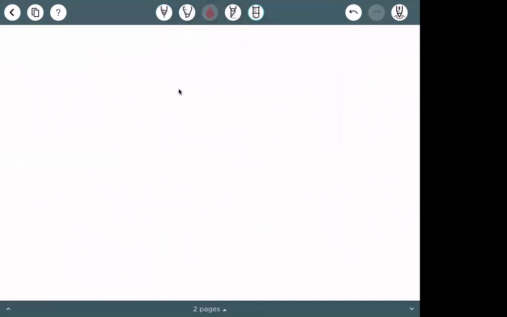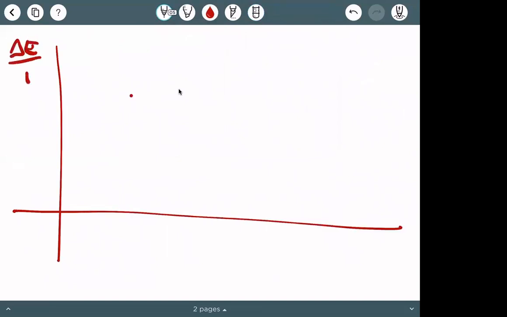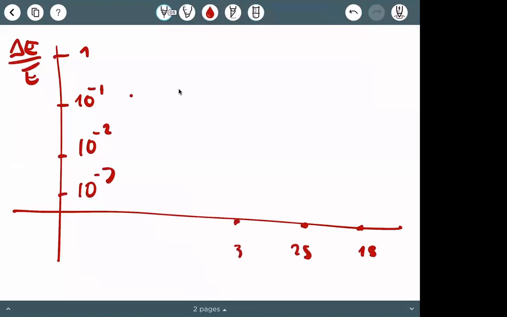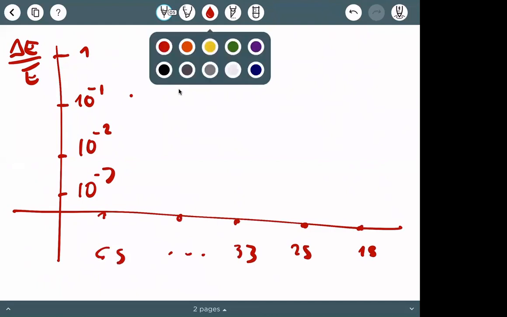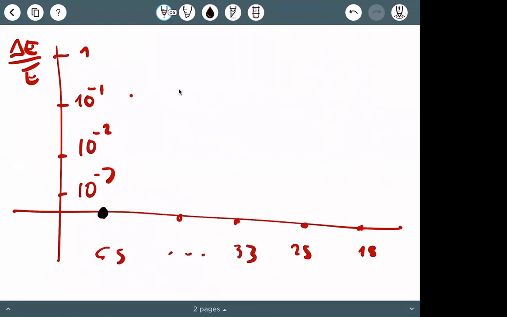So if you do that, let's go back. Delta E over E. This is 1, 10 to the minus 1, 10 to the minus 2, 10 to the minus 3. So this is the 1s, 2s, 3s, 6s. So suppose we now sacrifice 6s to find U naught.